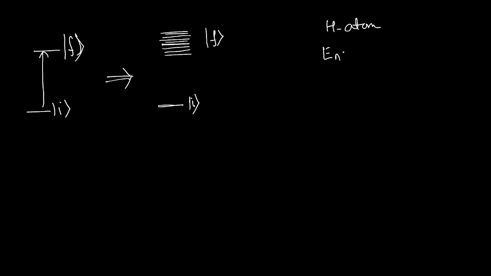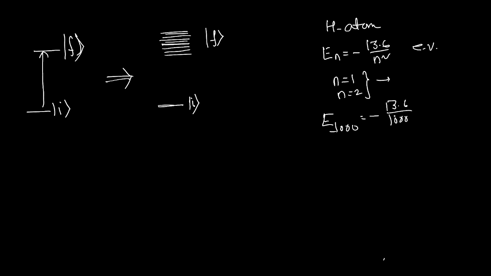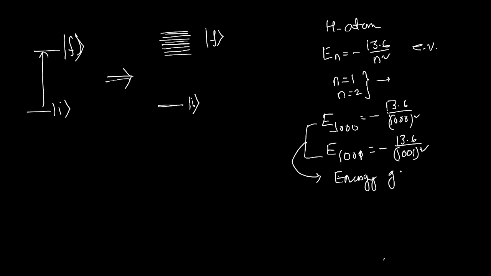where energy is given by minus 13.6 by n square eV. For n equal to 1 and 2, you will get a well separated energy difference, but in the case of 1000 and 1001, the energy gap will be very small, very small.